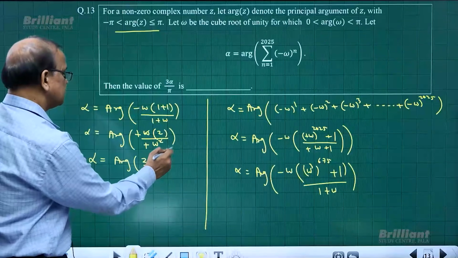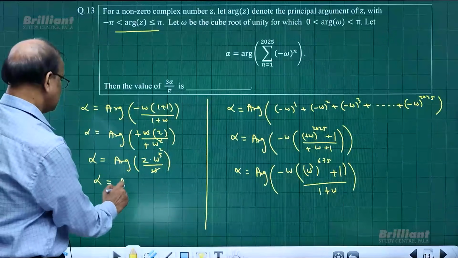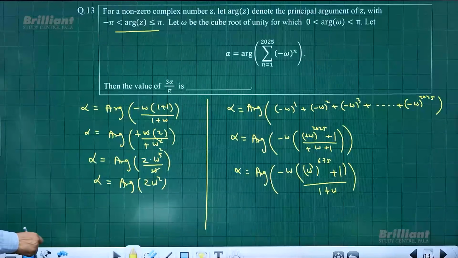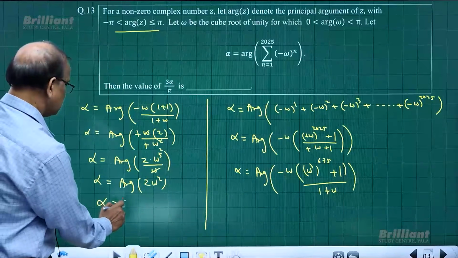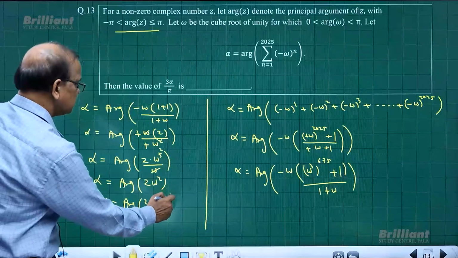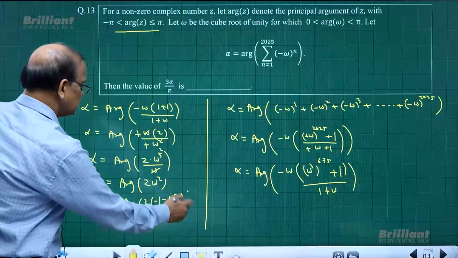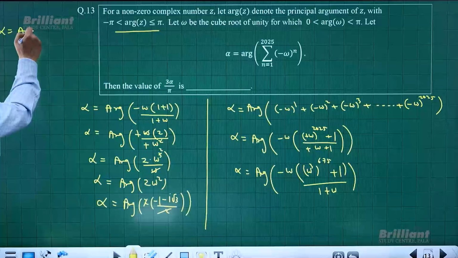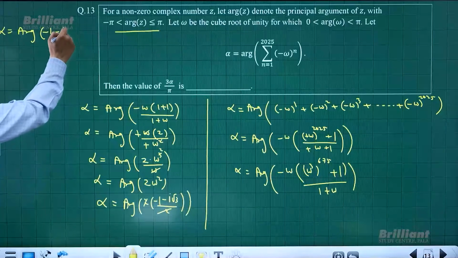So, omega cancels, omega square. So, argument of 2 omega square, you know omega square value is minus 1 minus i root 3 by 2, times 2. Therefore, alpha is argument of minus 1 minus i root 3.